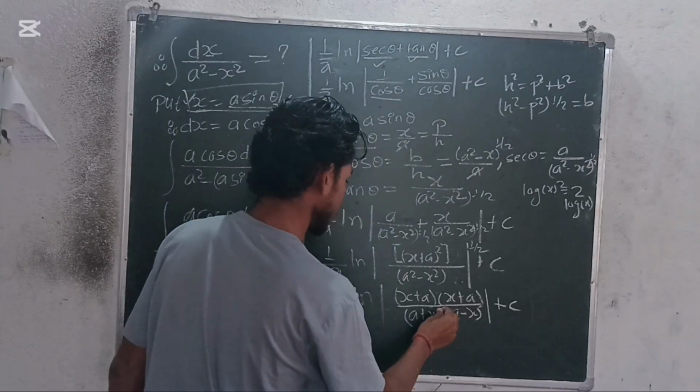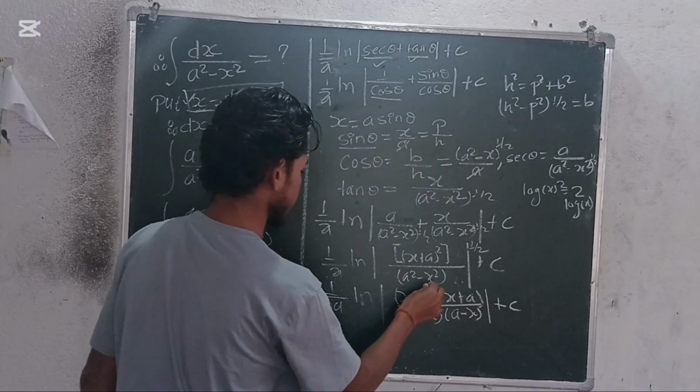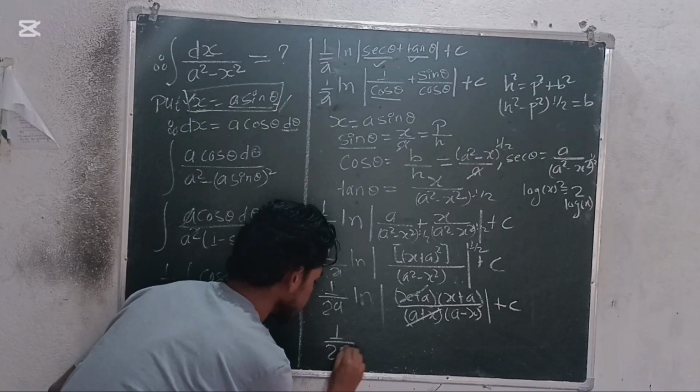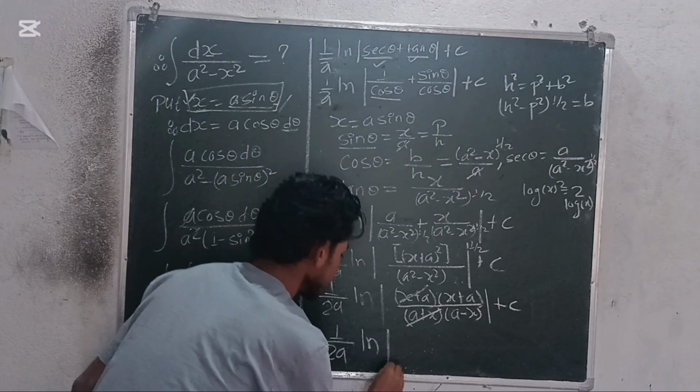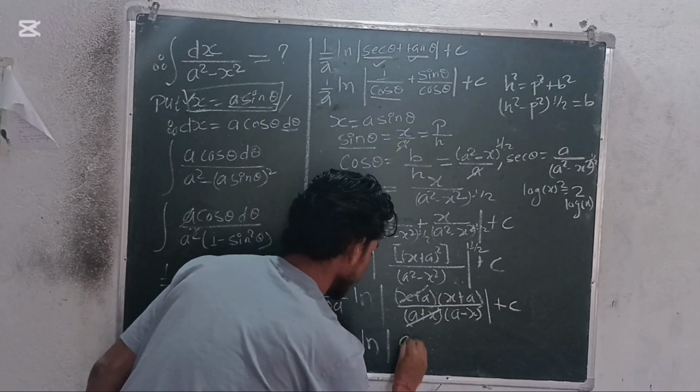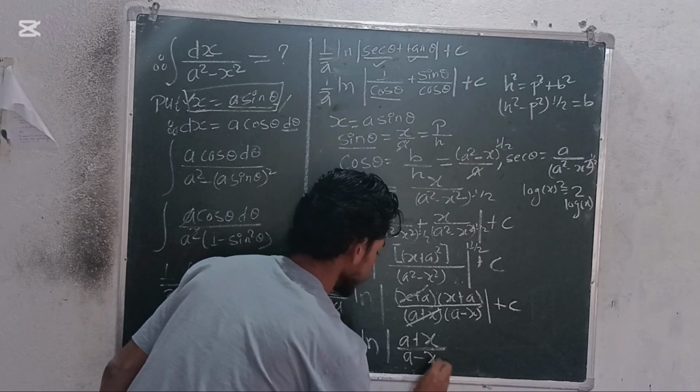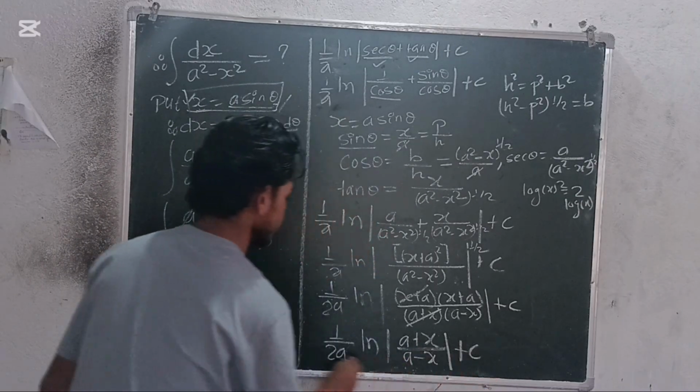And a plus x and a plus x will cancel out each other, and you will get a beautiful identity, that is 1 over 2a ln of a plus x over a minus x plus c.